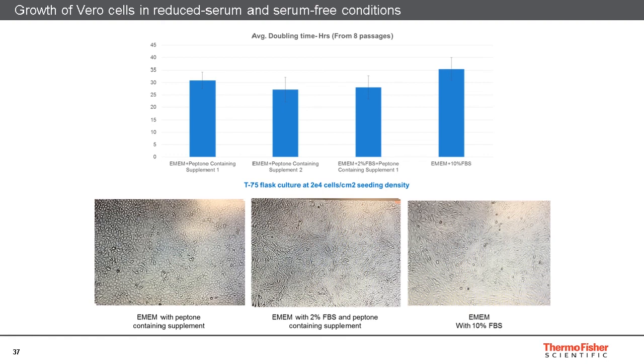Apart from being very stringent on the manufacturing process, our R&D is also developing new ways to implement peptones to facilitate serum removal. Recently, they have been working on supplemented peptones for viral cells. Here you can see that using this supplemented peptone instead of 10% FBS, doubling time of viral cells can be decreased.